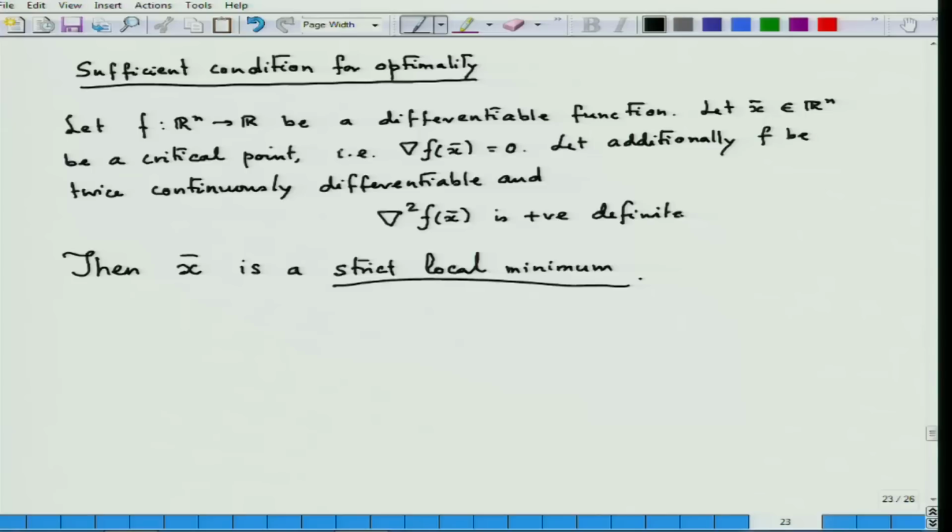Now, for example, I take a quadratic function.